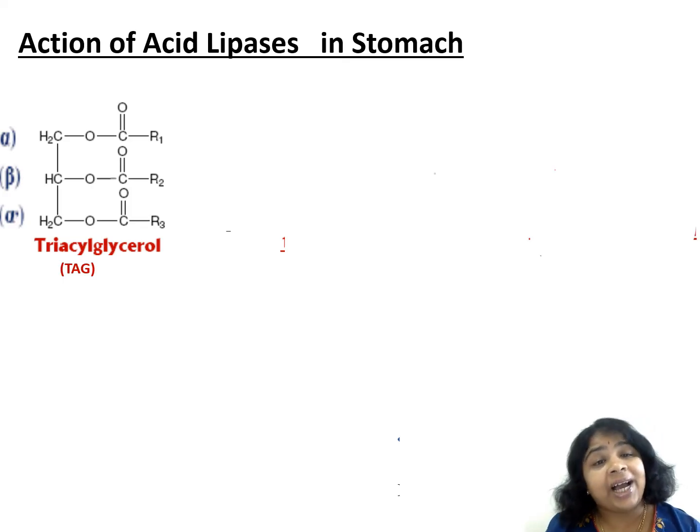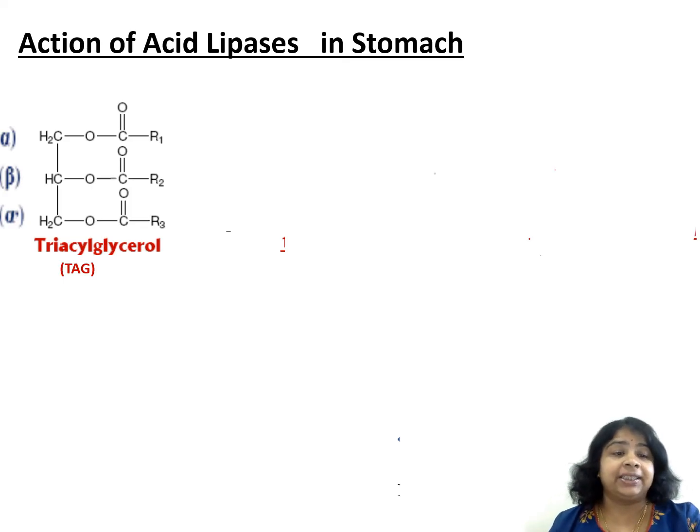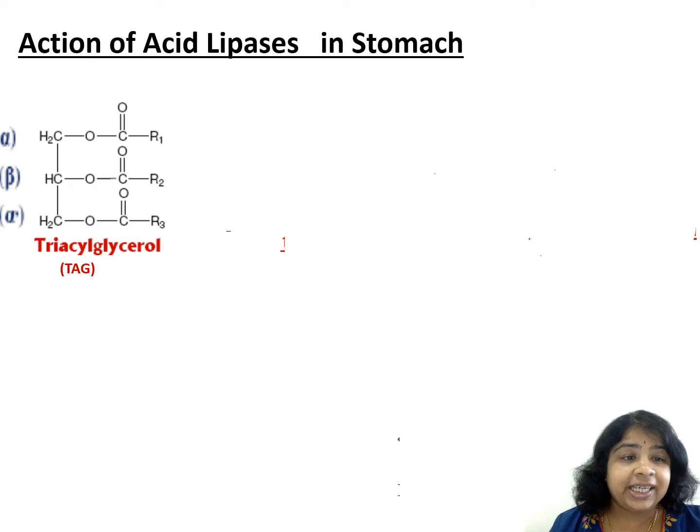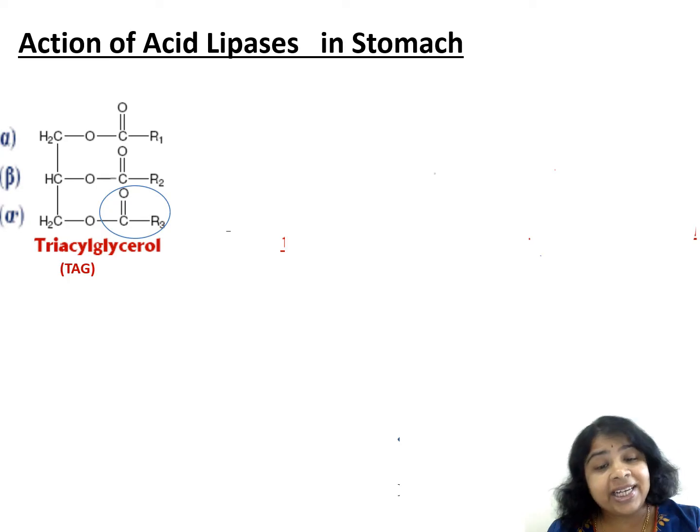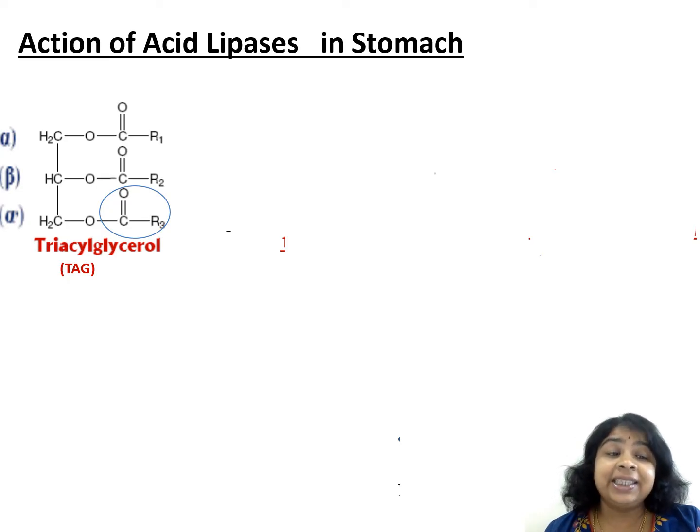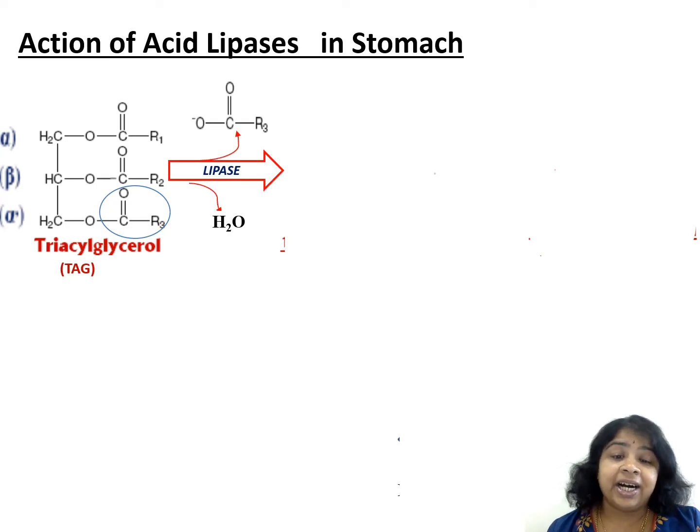So coming to the action of these lipases, as you can see here, this is a glycerol molecule esterified with fatty acid 1, fatty acid 2 and fatty acid 3. So this is a triacylglycerol. As a first step, it is the fatty acid at carbon 3 that is going to be hydrolyzed.